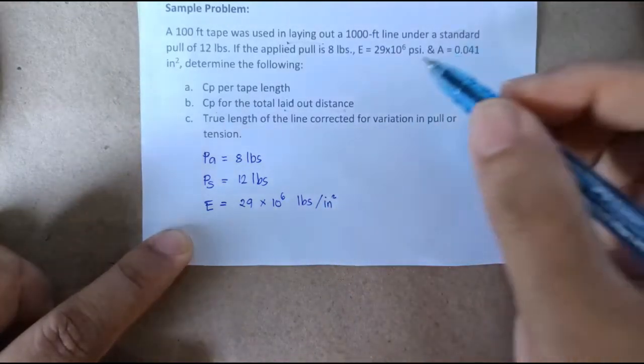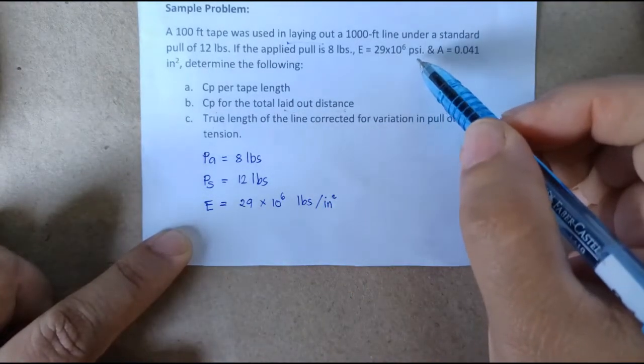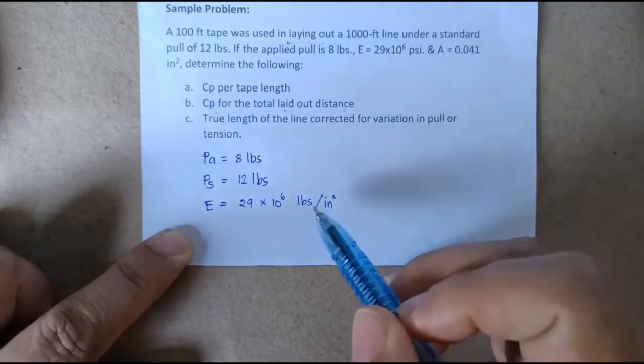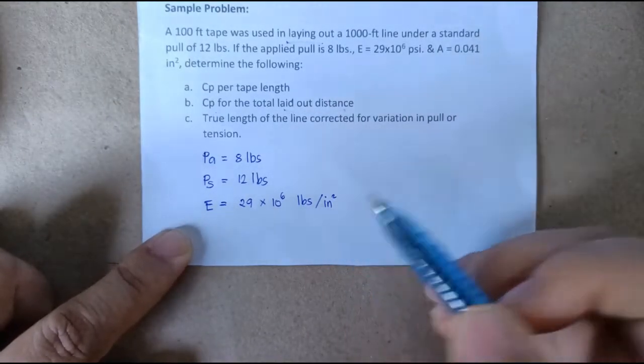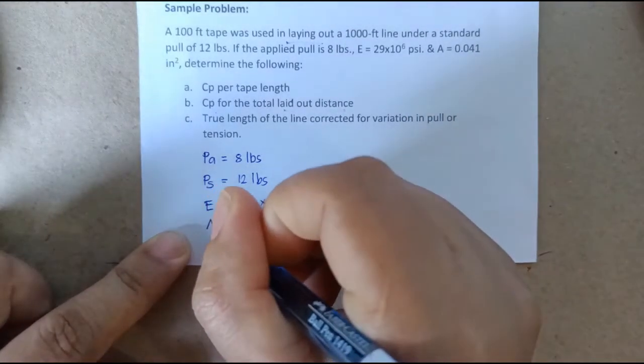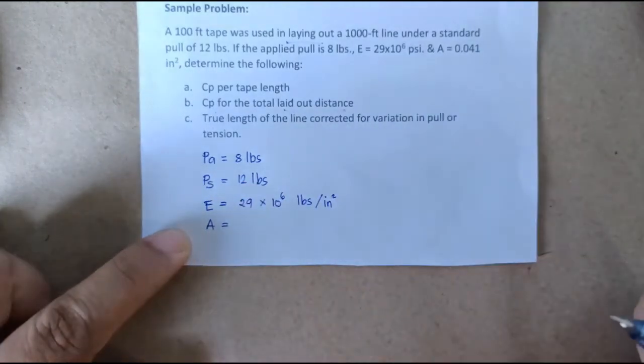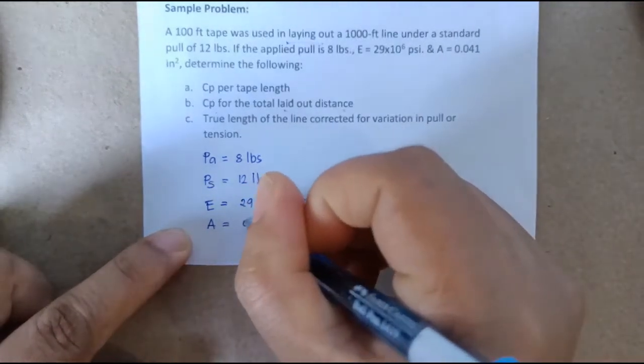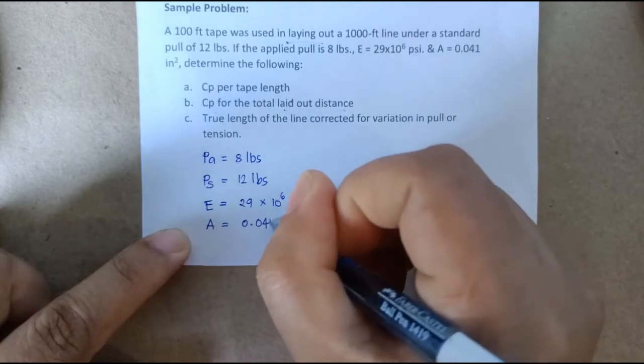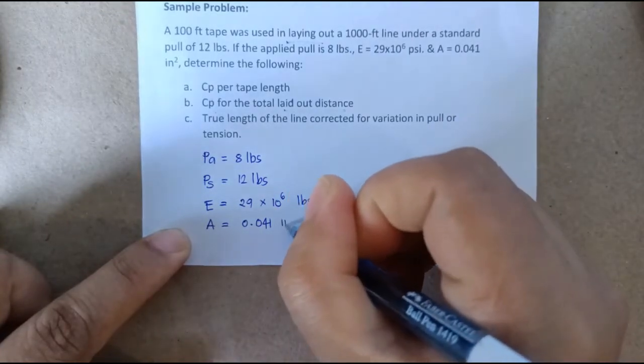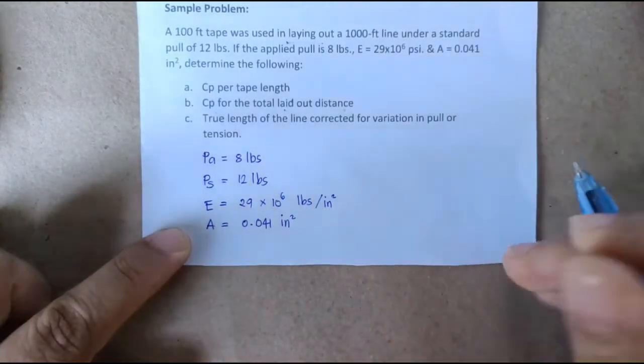Take note, PSI is pounds per square inch. And then you have the cross-sectional area of the tape that is being used to be 0.041 square inch, or inches squared.